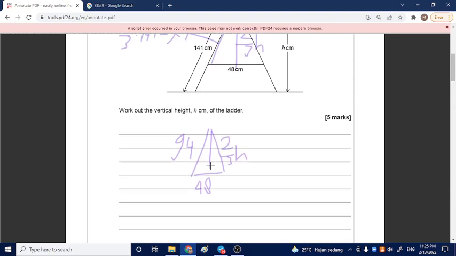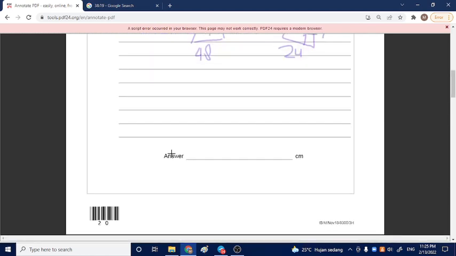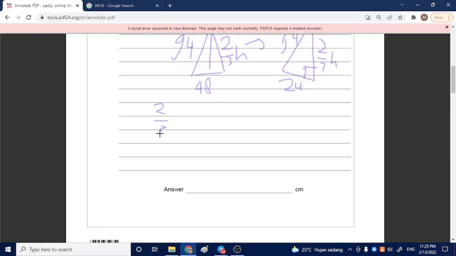We can use the Pythagoras theorem. Take half the triangle. This one is 24, 2 over 3 h. So 2 over 3 h is equal to the square root of 94 squared minus 24 squared.